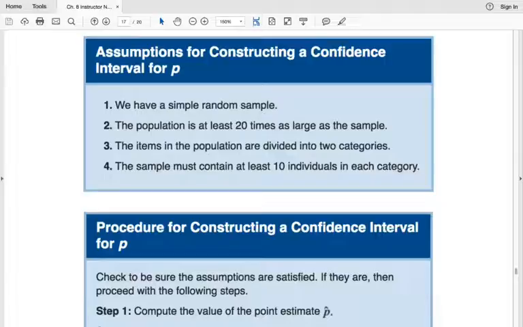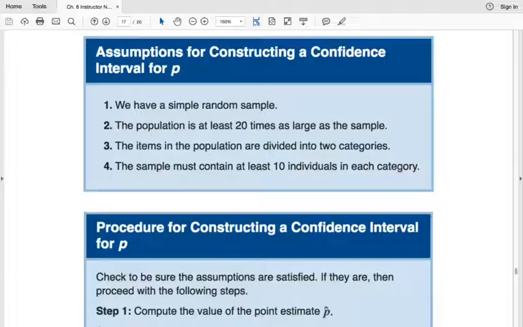So that's why we have that second criterion here, that the population is at least 20 times as large as the sample. Number 3, the items in the population are divided into 2 categories. So this kind of has a binomial feel to it. And think of the example we just had with the microwaves and no microwaves. That's what we're talking about. We have to be able to break it down into kind of a 2-situation system where either somebody has a microwave or they don't.